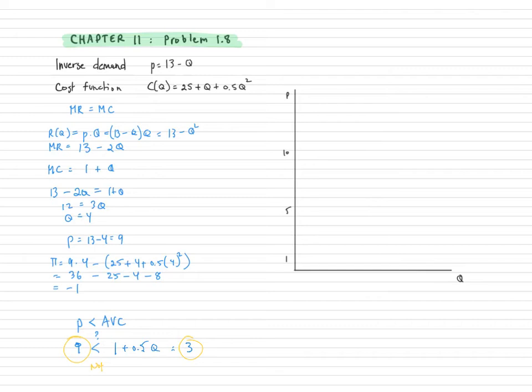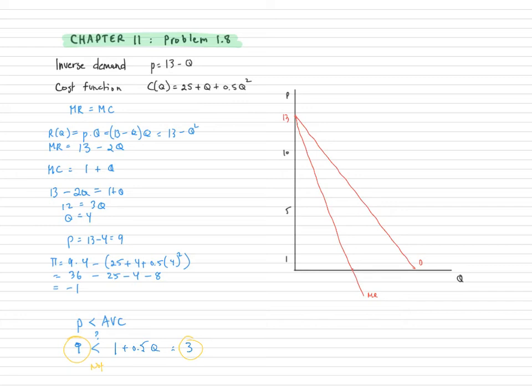All right, I just want to do one more thing, which is draw the diagram so we can see how everything works out in a diagram as well. So I'm going to draw my demand curve. So 10, 11, 12, here's 13. So we have a straight line demand curve like this. We have a marginal revenue curve which has the same intercept and twice the slope. So that's the marginal revenue.